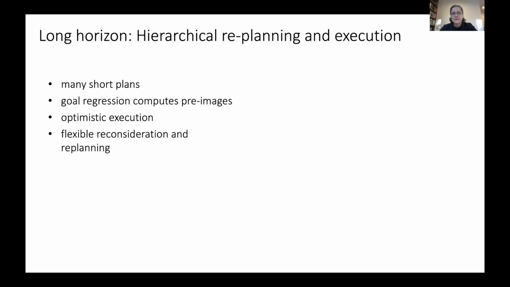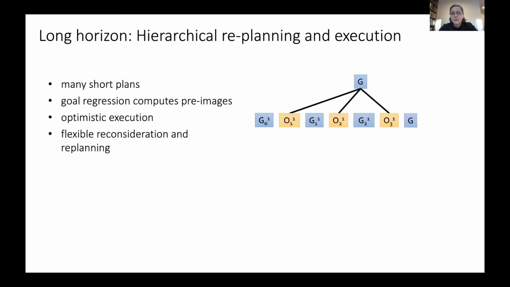Okay, quickly, something about execution. We want to solve really long horizon problems, and it's much too long to plan. So what we do instead is use hierarchy, but in a more aggressive way than is typically done. We make a plan at a hierarchical level of abstraction using the old technique of postponing some preconditions in order to make an abstract model.